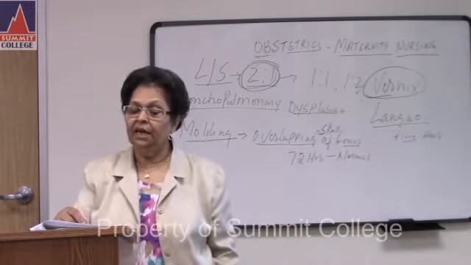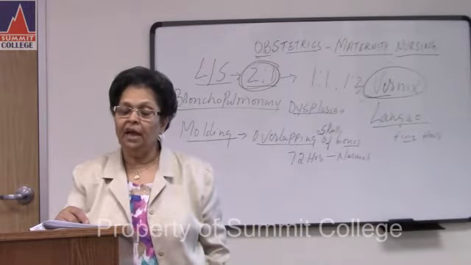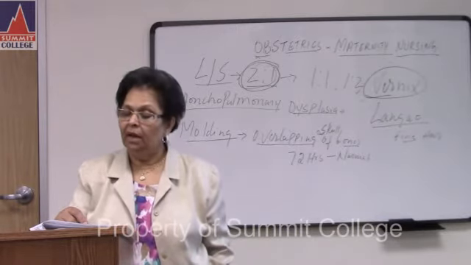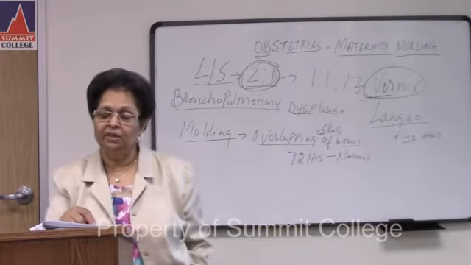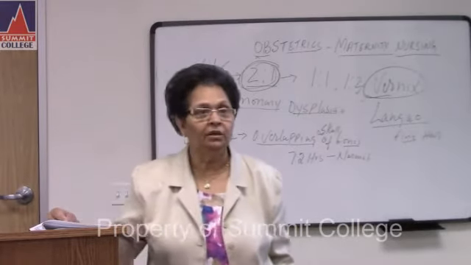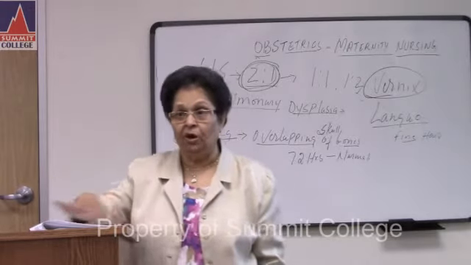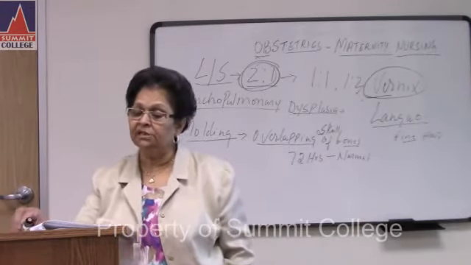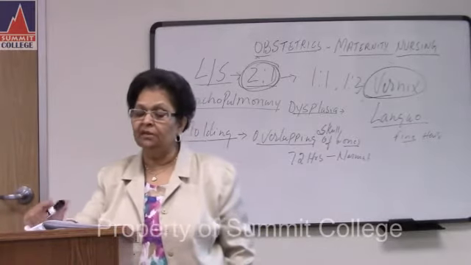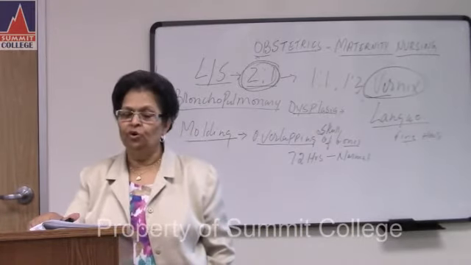Cyanosis is common with hypothermia, hypoglycemia, respiratory, and neurological problems, and is not normal. You got to notify. But when the word cyanosis comes, that means it could be these reasons, and you need to notify.